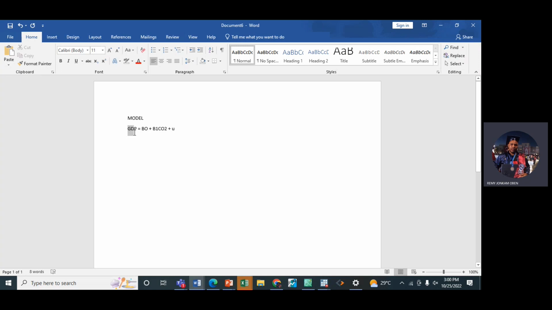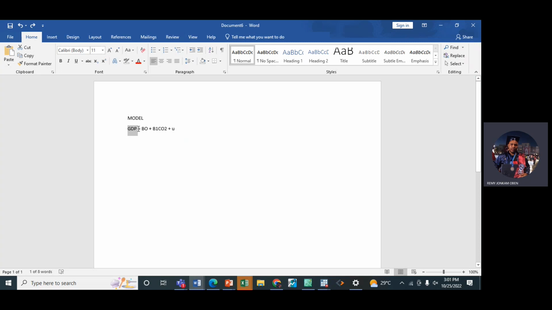GDP is our dependent variable. Carbon dioxide is our independent variable. So we want to see how carbon dioxide affects GDP, right? Of course, beta 0 is our constant term or the intercept. Beta 1 is the coefficient of this carbon dioxide variable, and U is the error term.